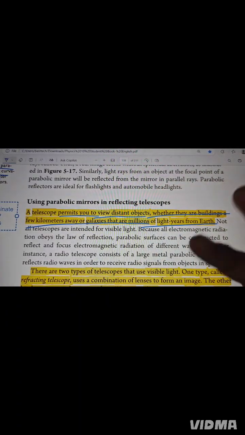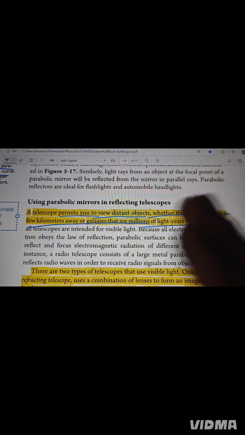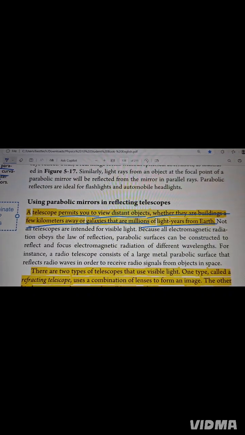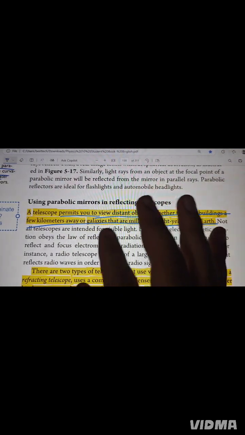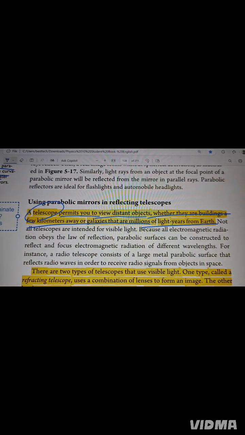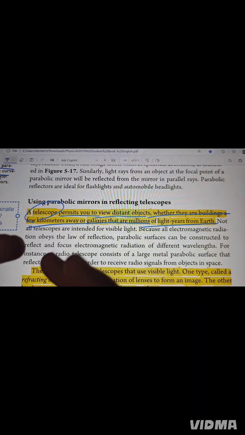For example, in the universe there are a lot of galaxies and objects, but the distance to the Earth is so far. So how can we see those objects at such a distance? By using a telescope. It is useful; scientists use it to study the different kinds of galaxies in this universe.